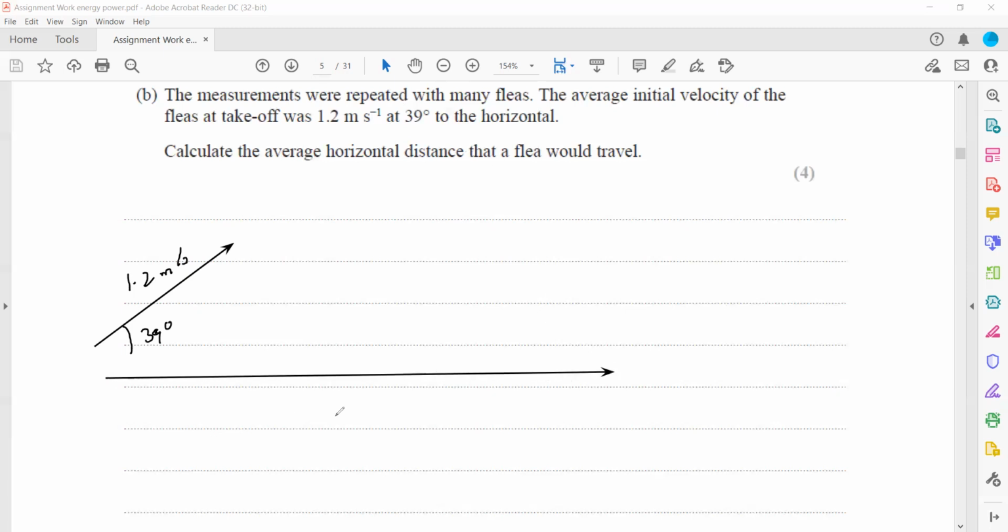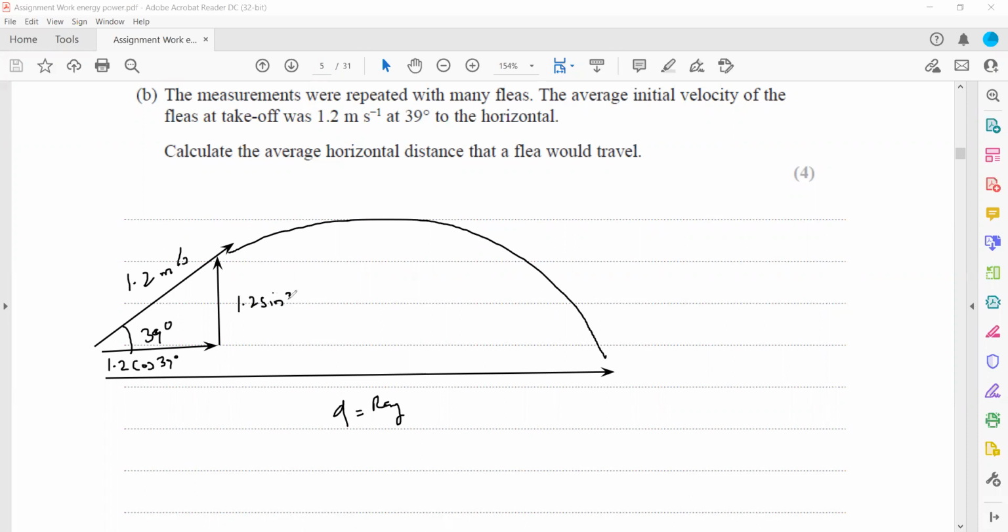So first what we do, we'll find the time to reach the maximum height. The velocity will have two components, a horizontal component and a vertical component. The horizontal component does not change. It remains constant, so this will be 1.2 cos 39. The vertical component decreases and it is 0 at the maximum height.